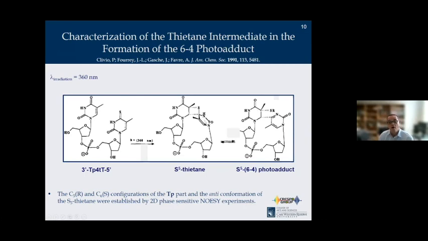Not only were they able to detect the thietane intermediate, they also showed in several papers, I'm just citing here the key one, that you can do these reactions in dinucleotides, in polymers, single-stranded, double-stranded, and you get a very efficient formation of the 6-4 photoproduct, and equally important, without competition of the cyclobutane pyrimidine dimer formation. So the CPDs are not formed in this reaction. And the stereochemistry is well understood, which I will not discuss now.